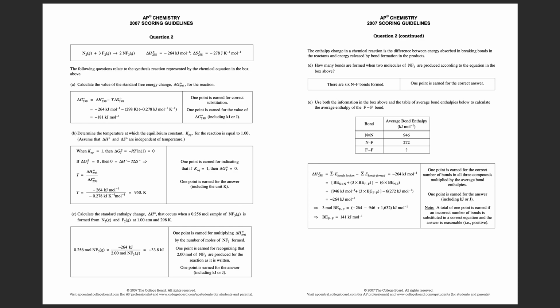So we're solving for the bond energy of the fluorine-fluorine bond. So you could call it X or 3X. And then setting that all equal to the enthalpy for the entire reaction.